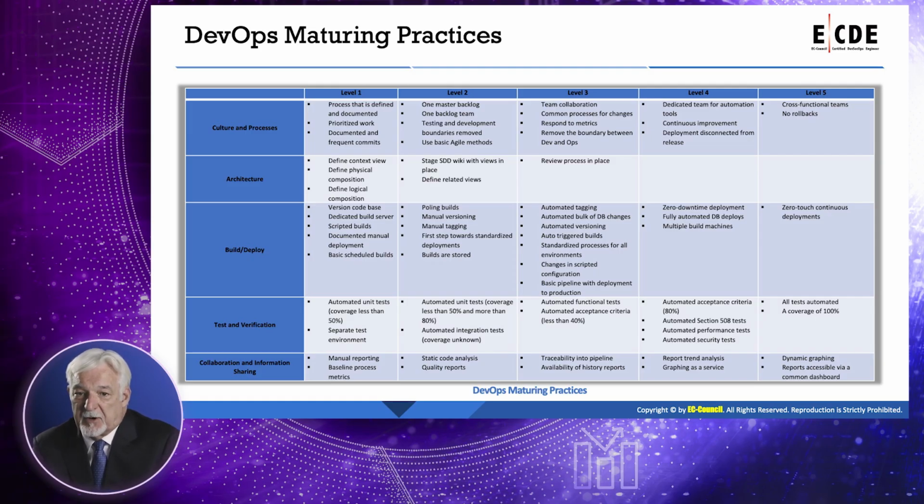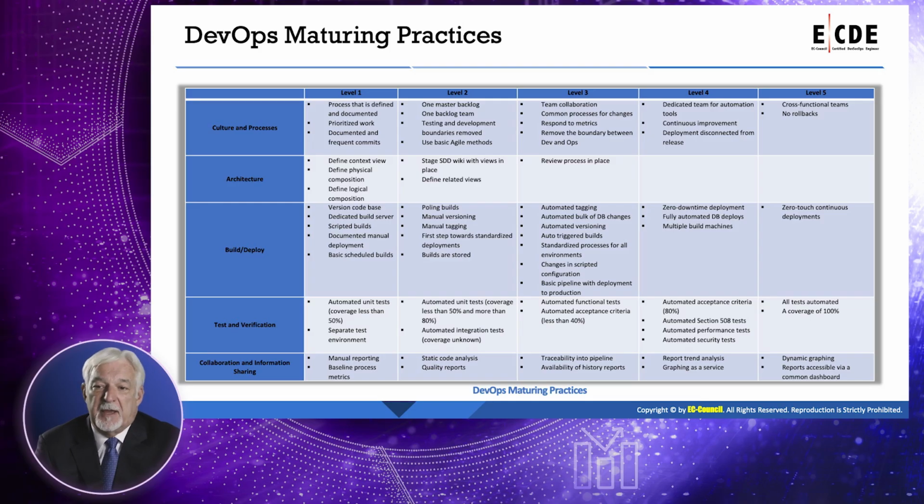You have standardized processes for the environments, changes in scripted configurations and baseline pipelines, or basic pipelines with deployment to production. Level 4, zero downtime deployment. You're kind of getting out of the hiccup and burp stages of getting the DevOps deployed within the build deploy phases of your operation.